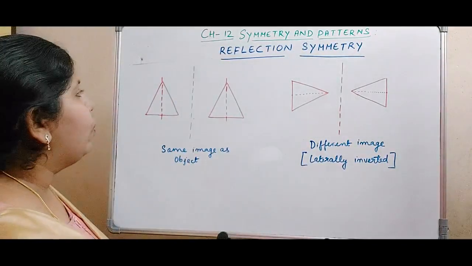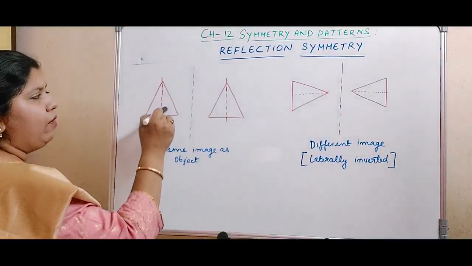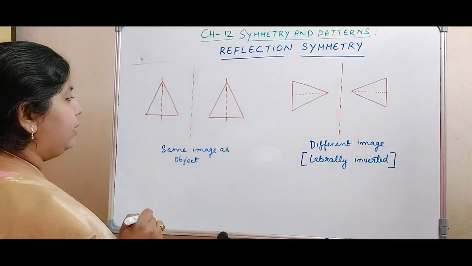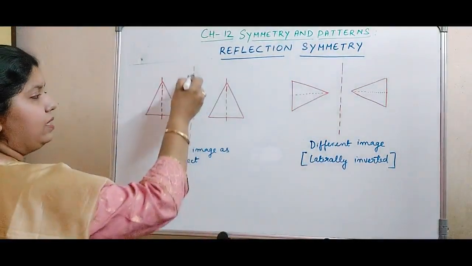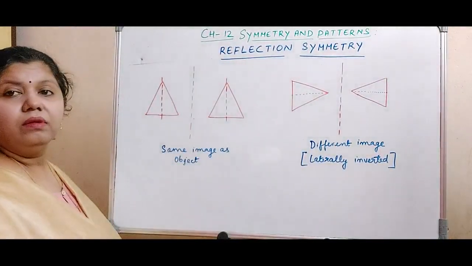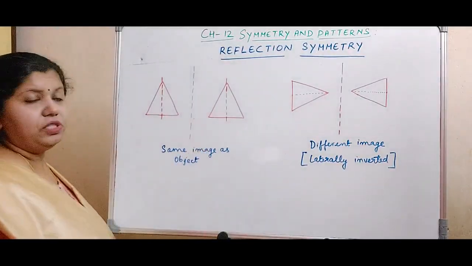In this particular figure you can see the line of symmetry is horizontal, and the mirror that is kept is also horizontal. Both the things are matching. This is the reason we get the same image as the object.